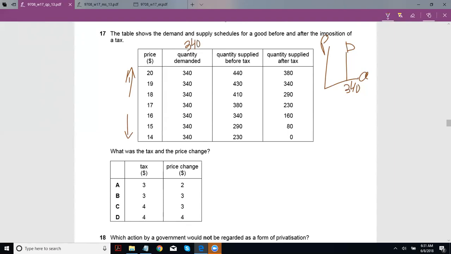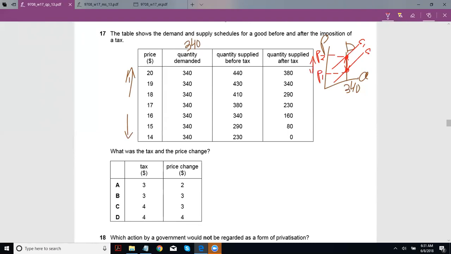So that makes your life much easier, because then if you draw your supply curves, the amount of tax per unit is basically the vertical distance between the two supply curves. And in this particular case, that would simply be finding out the new price and subtracting the old price.